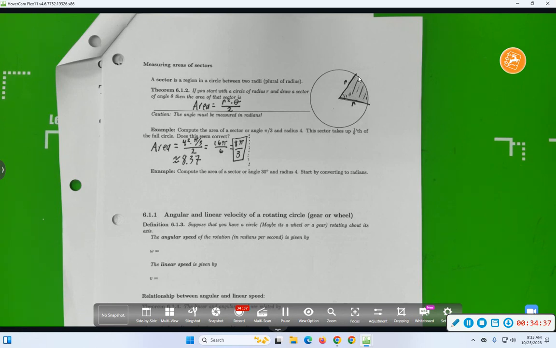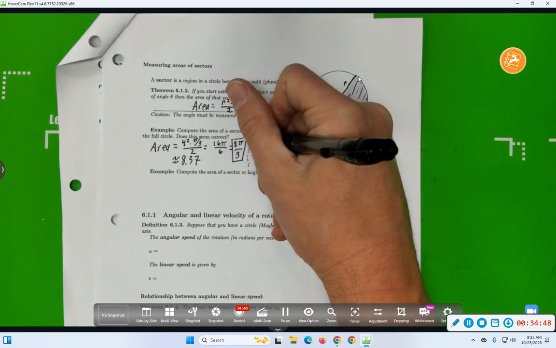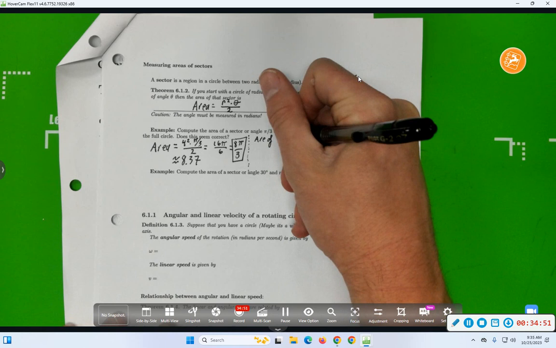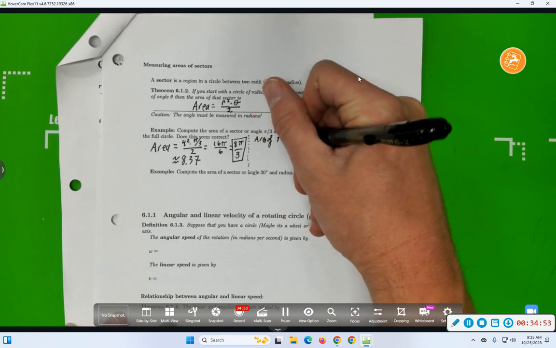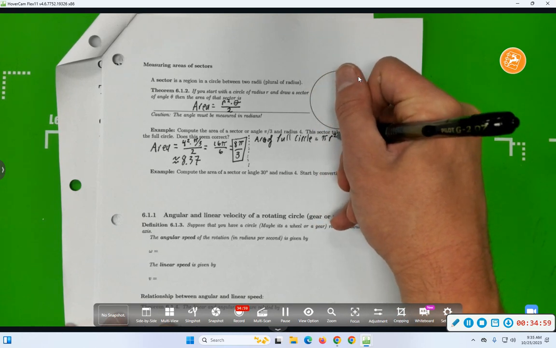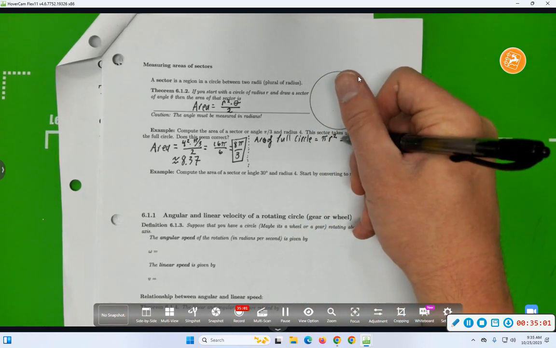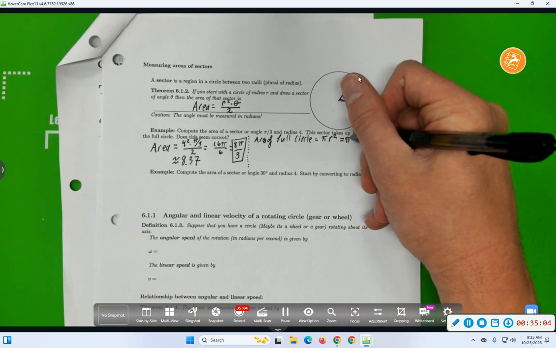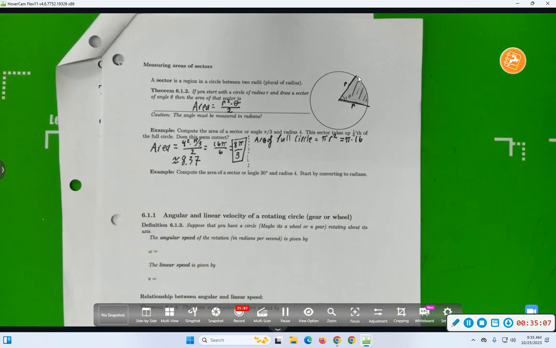Good. So the area of the full circle is pi r squared, also known as, in this case, pi times 16. The radius is 4. This sector is 1/6 of the circle.